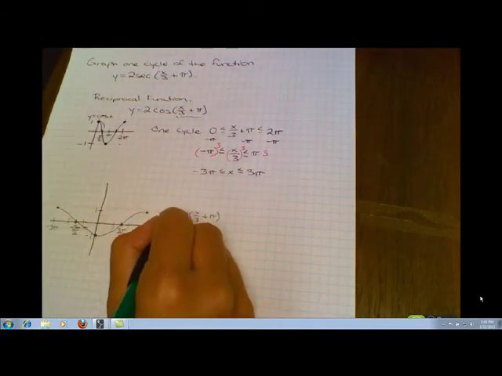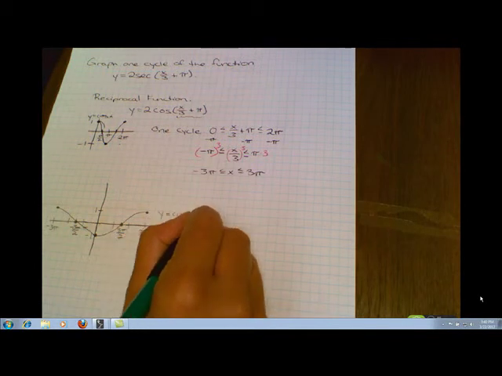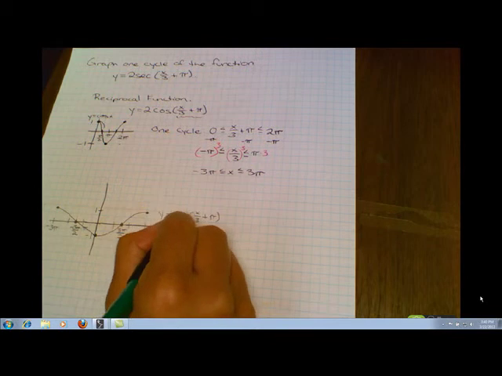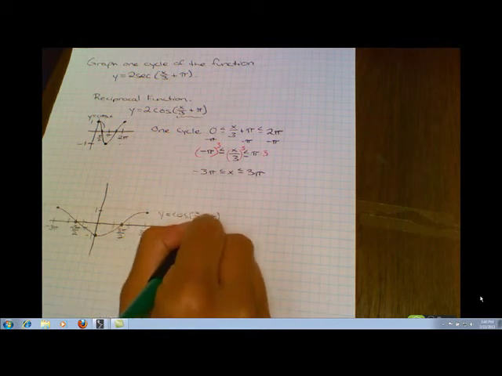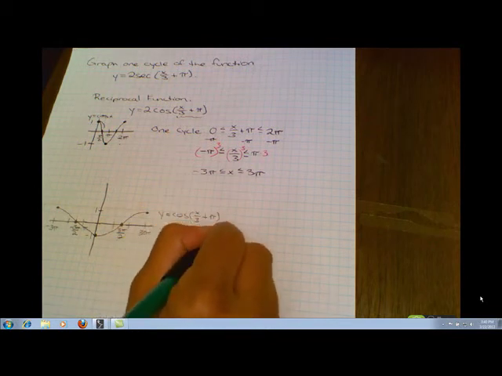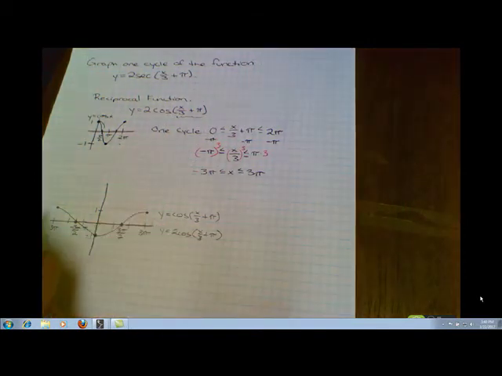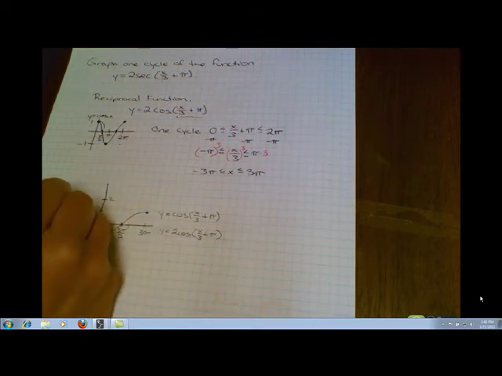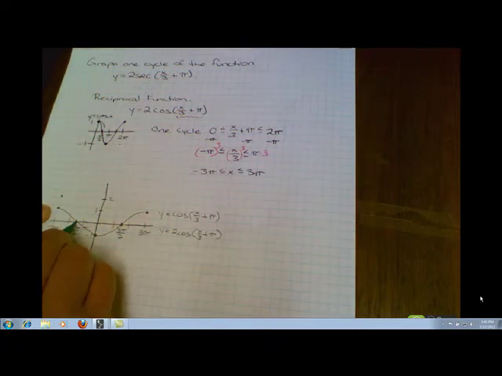Now we need to account for the 2 in front. So to obtain the graph of 2 cosine of x over 3 plus pi, all you do is multiply all your y coordinates times 2. So the y coordinate right here is 1 times 2 will give me 2.